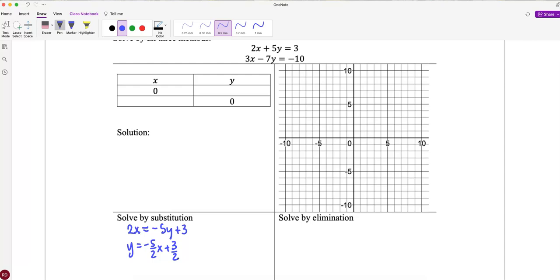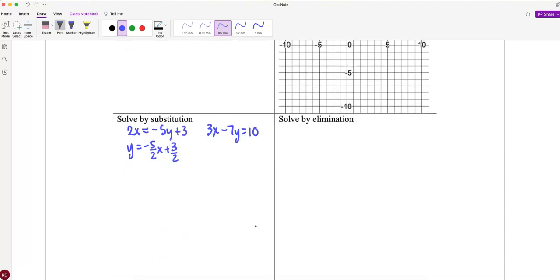And I need to substitute that into the equation 3x minus 7y equals 10. So I'm going to have 3x minus 7 times negative 5 halves x plus 3 halves equals 10. 3x plus 35 halves x minus 21 halves equals 10.